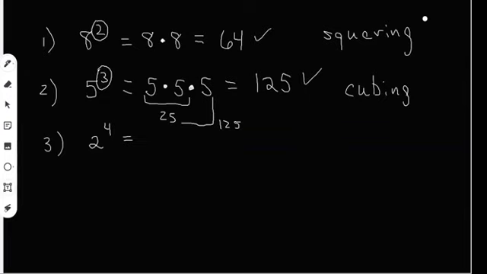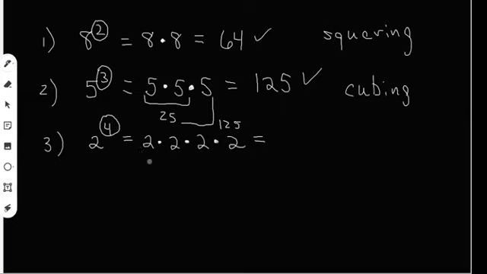Now, if your exponent is 3, that's called cubing. And when your exponent is 4, we don't really have a good word for that. So we just write out how many 2s there are. And since there are four 2s, we write out four of them, and then we can start multiplying them.